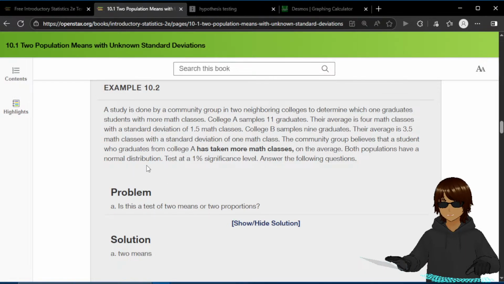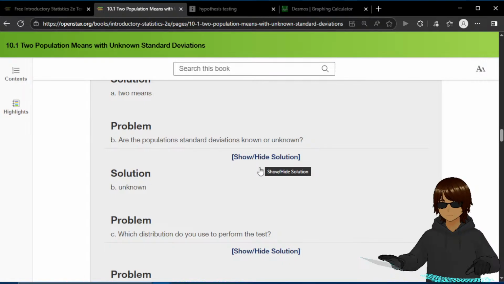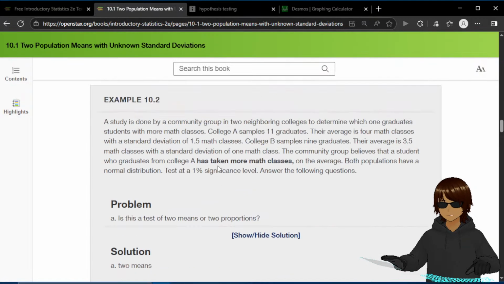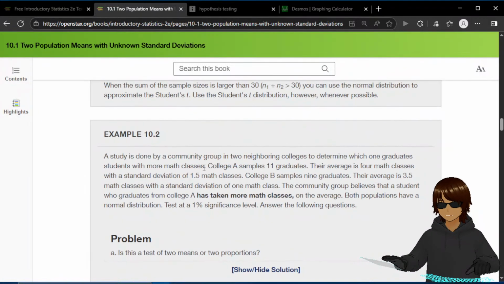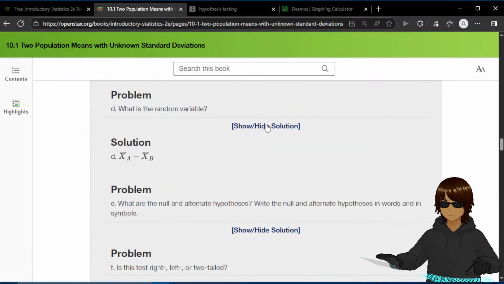Both populations have a normal distribution. Yeah, T distribution. What is the random variable? The random variable x bar is the average number of classes students in college A take. So x bar A minus x bar B.